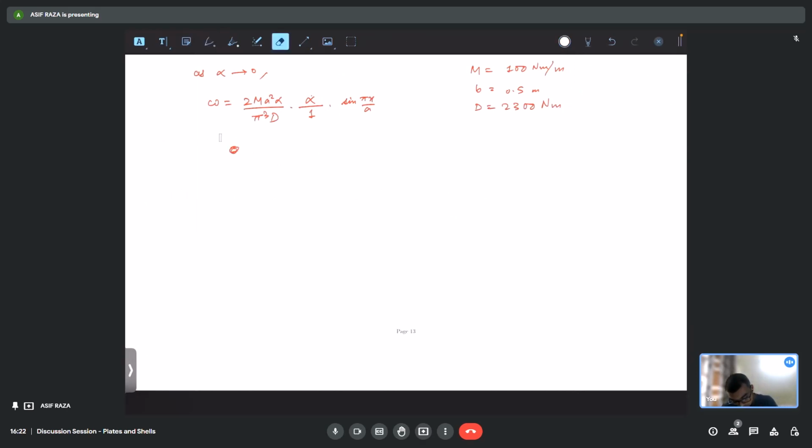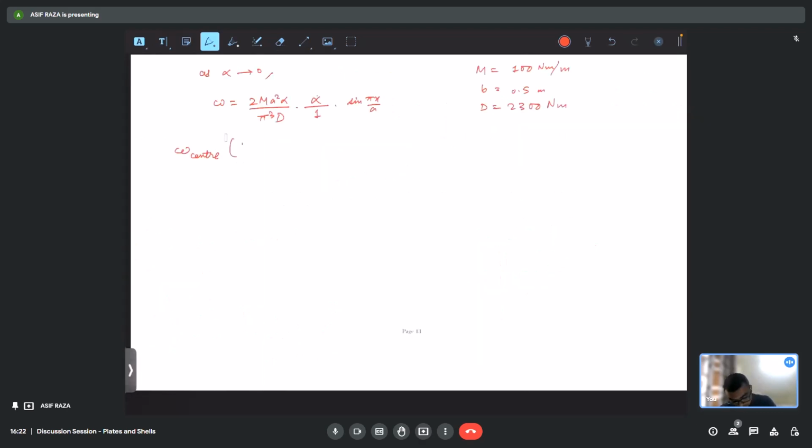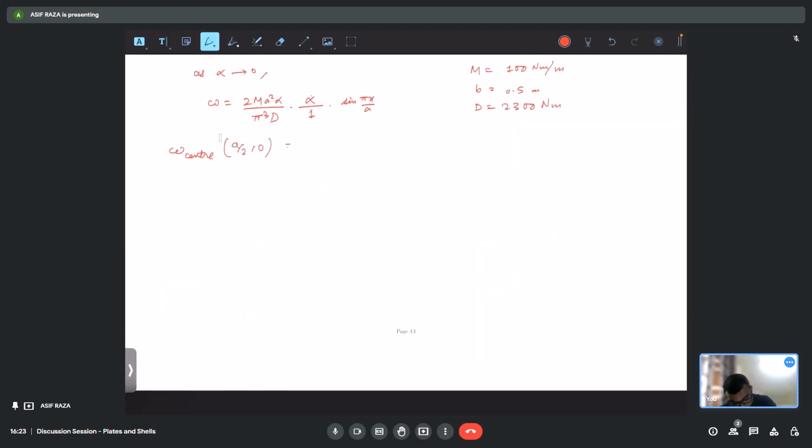So first of all, deflection at the center of the plate would be at x equal to a by 2 and y equal to 0. That would be equal to 2m a square alpha by pi cube d, alpha sin pi by a by 2.